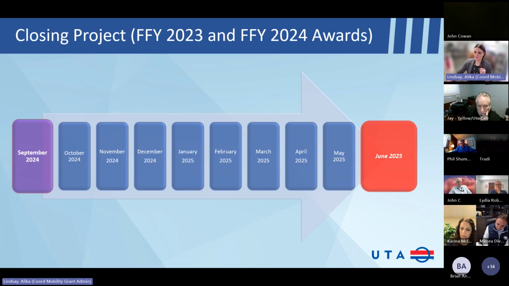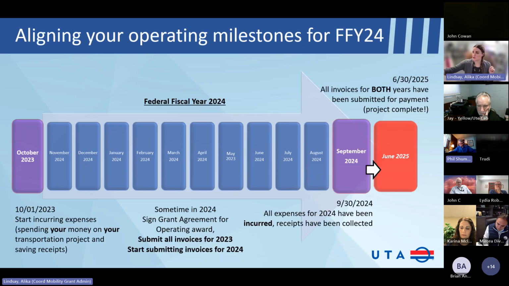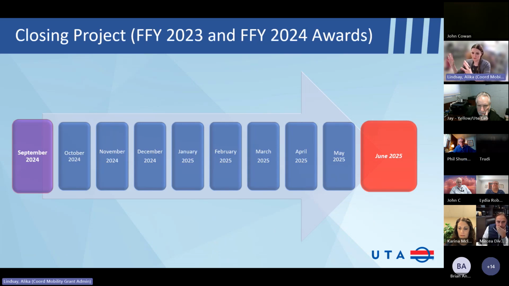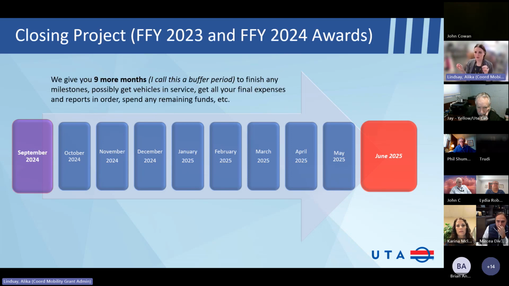So I'm going to jump to this visual to show you that period from September 2024 to June 2025, where that arrow is. So we're just zooming in. This is your closing your project. I call it a buffer period. I made that up. It's not a federal term. So I give you 9 more months as kind of a buffer period, just to make sure you finish any of your milestones.